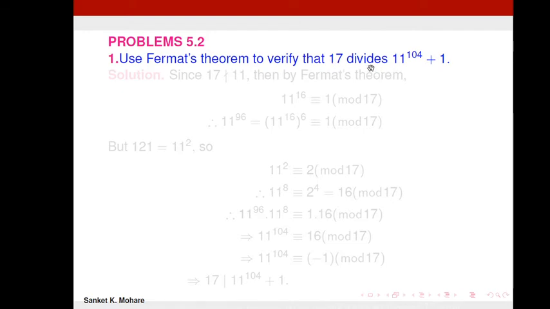In the general way we can't predict whether 17 divides 11 raised to 104 plus 1 because it is cumbersome to calculate 11's power 104. It takes too much time, but using Fermat's theorem we can verify that 17 divides 11 raised to 104 plus 1.